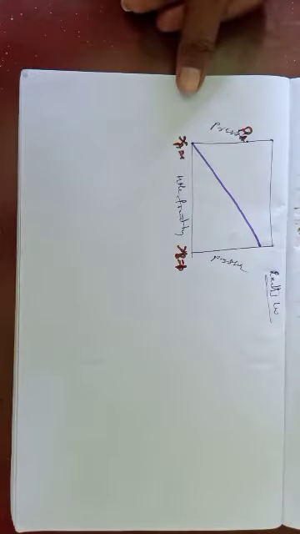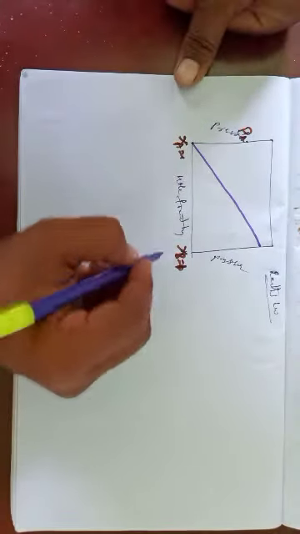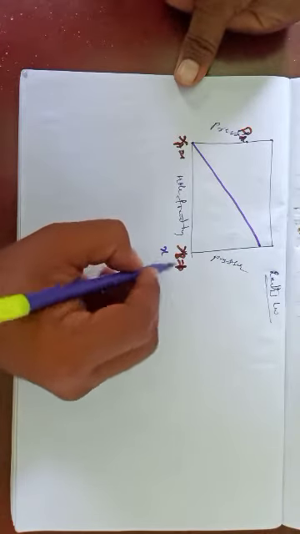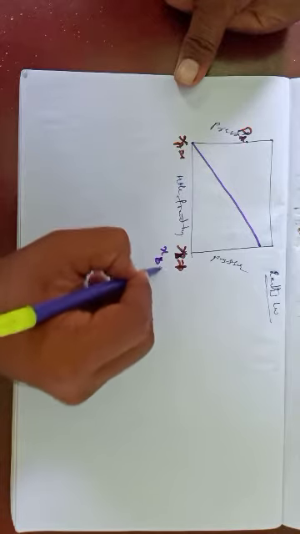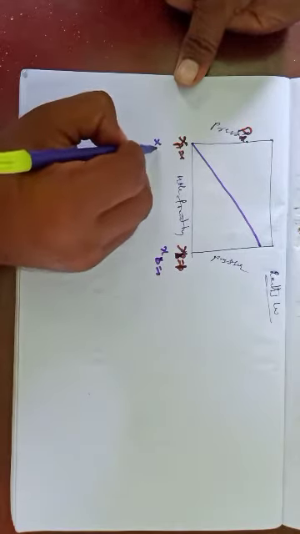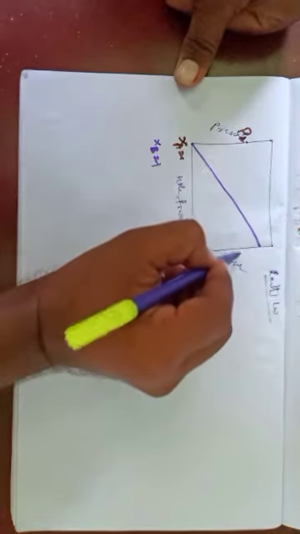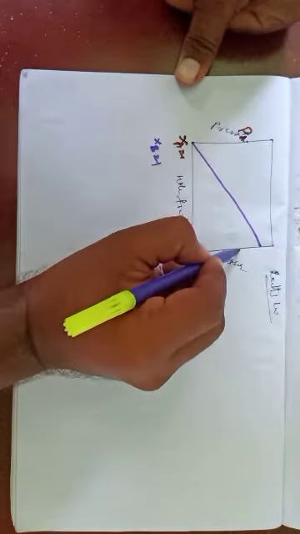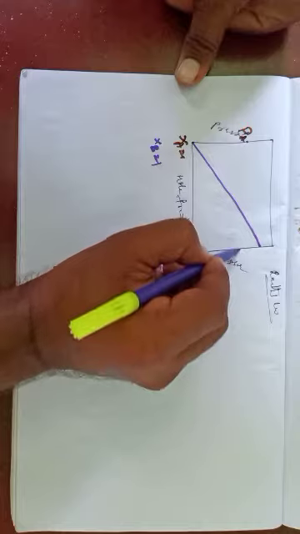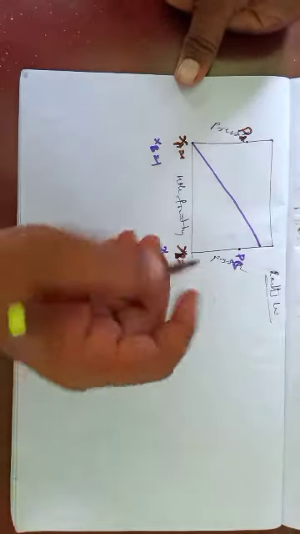Next, you have taken xB equal to 0, xB equal to 1. This is PB, the partial pressure.